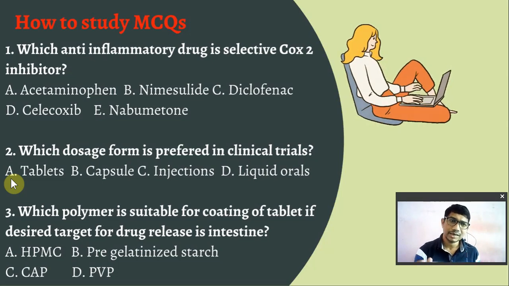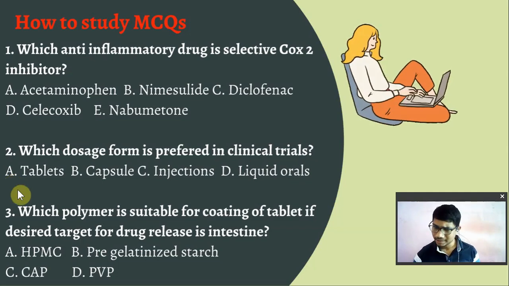That's why capsule has minimum drug-excipient interaction. If excipients are used, then only there is interaction, and if no excipient is used in the capsule, it will not have any kind of interaction. It is an inert dosage form. So capsule is a more convenient and more readily available dosage form, and that's why it is mostly used in clinical trials.